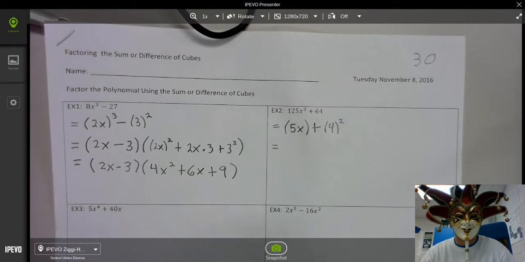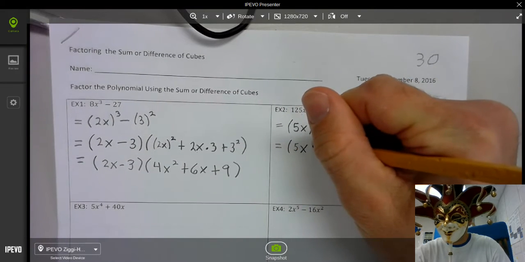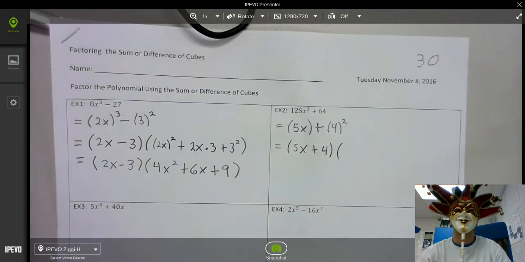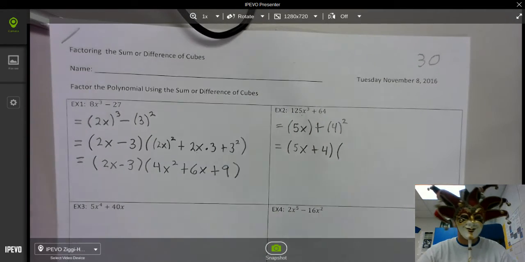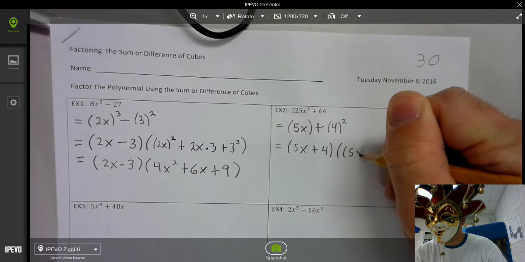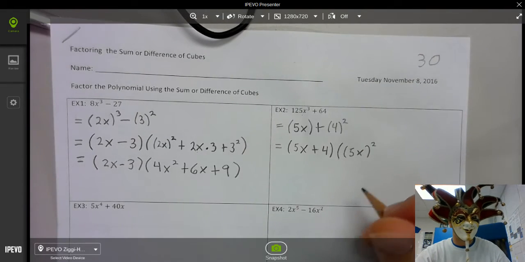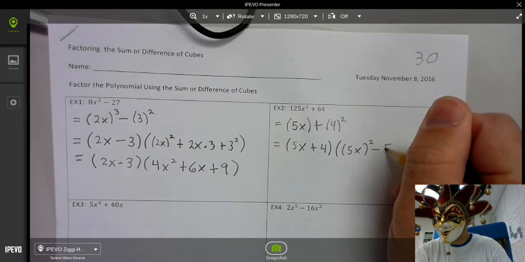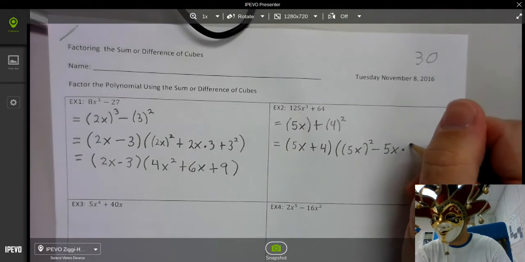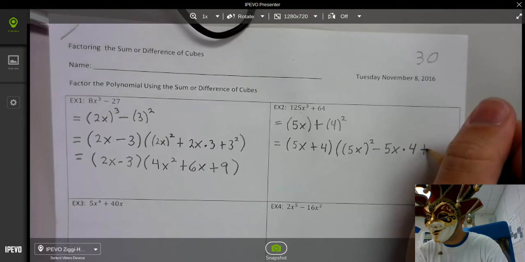So we follow the formula. So a, which is 5x, plus b, which is 4, times a, which is 5x, so 5x squared, minus a, which is 5x, times b, which is 4, and then plus b squared.